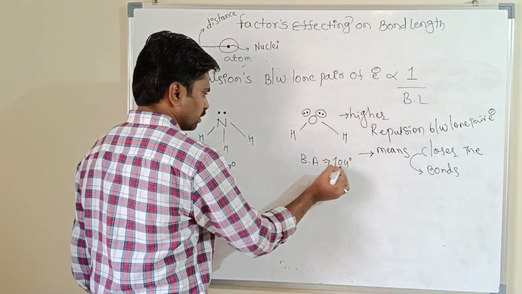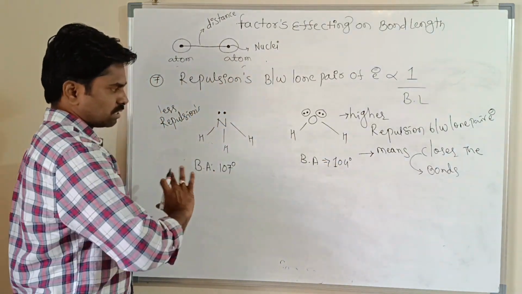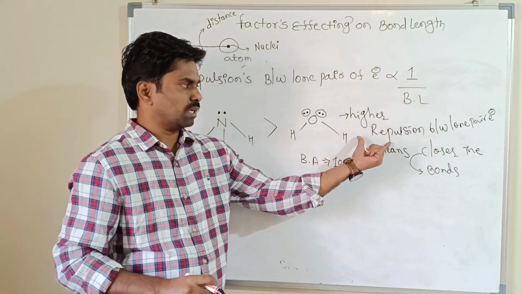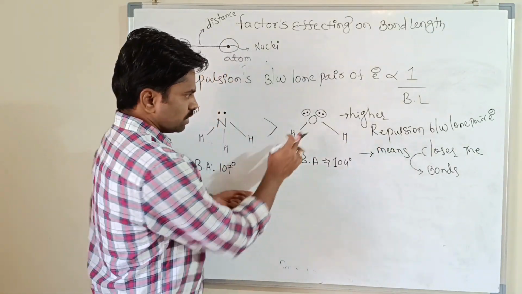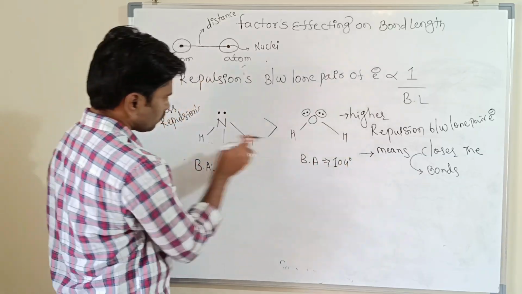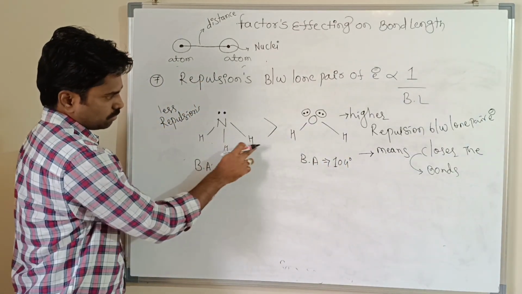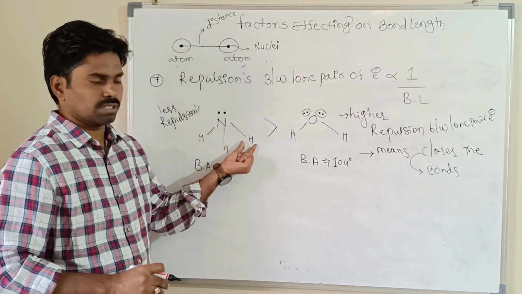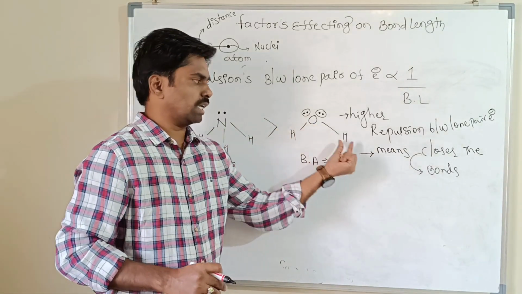We know this very well. So the bond length increases, no? Right. So the repulsions of the lone pairs of electrons are greater for the oxygen-hydrogen bonds. When the nitrogen-hydrogen and oxygen-hydrogen bond lengths are compared, the bond length of nitrogen-hydrogen is longer than that of oxygen-hydrogen.